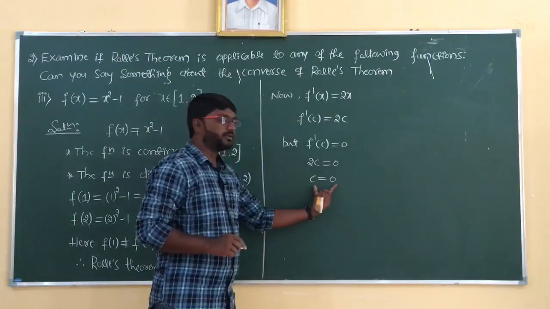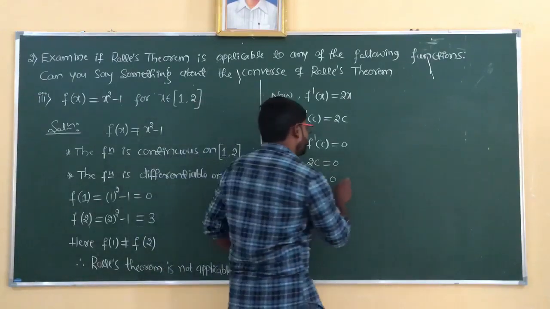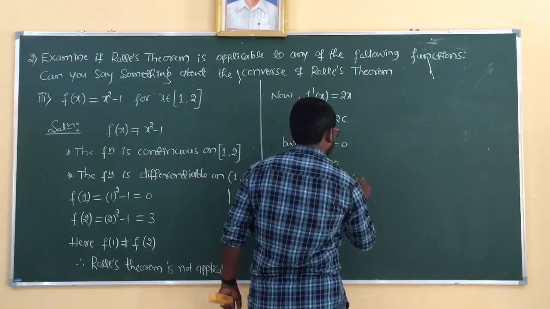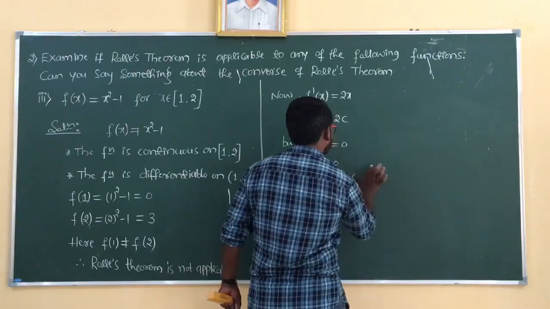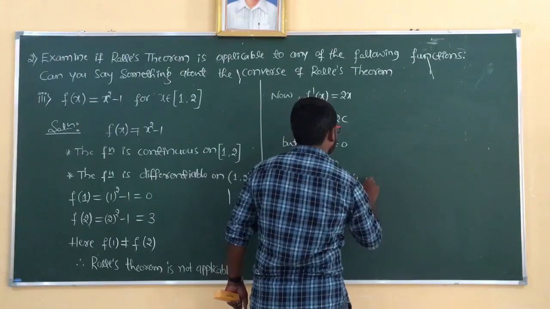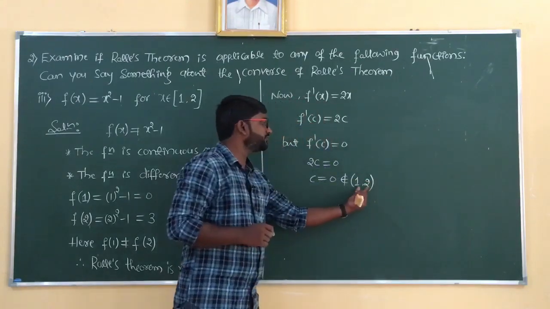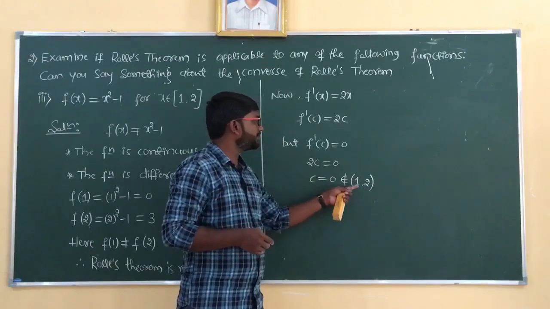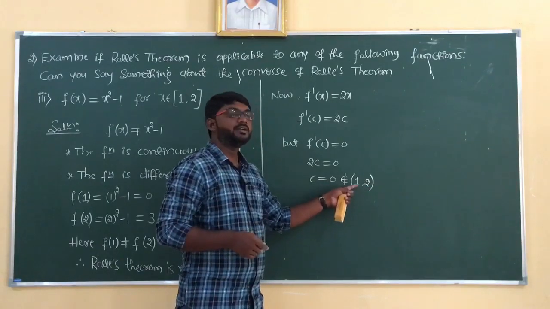So, we got the value of c as 0 now, which doesn't belong to the open interval 1 comma 2. Actually, in between these two values we should have the value of c, but here 0 does not belong to the open interval 1 comma 2.